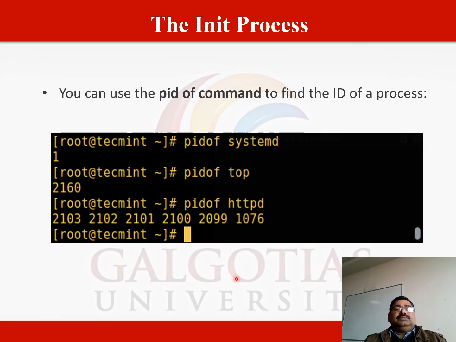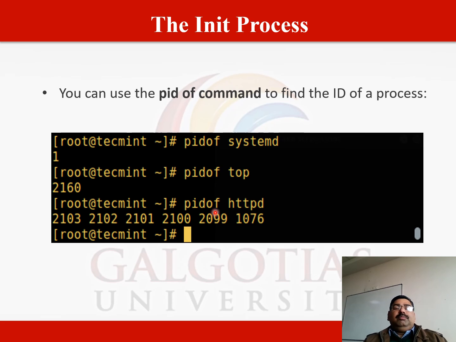Next, regarding the init process, you can view the PID of systemd. This is the system process, this is the init process. So the process ID of systemd is 1. You can view the PID of top. This is one of the commands of Linux, by which you can view the different running processes on the system. The PID of top is 2160.